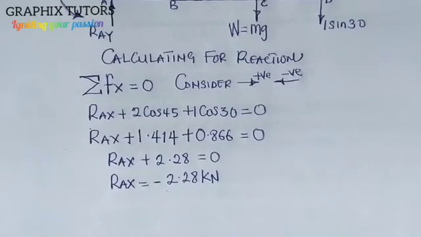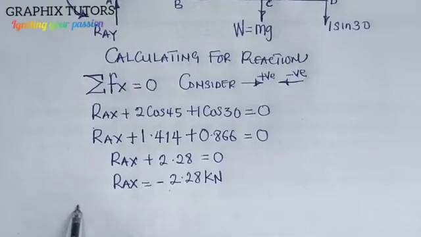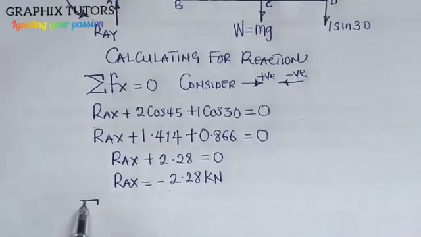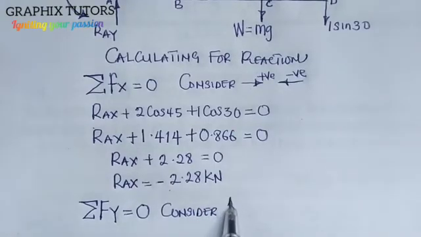Now move to the next one. Next condition for equilibrium says that the summation of Fy, that is the summation of all vertical components or the summation of all the forces acting along y-axis, is equals to 0. Now we want to consider the upward force to be positive and the downward force to be negative.